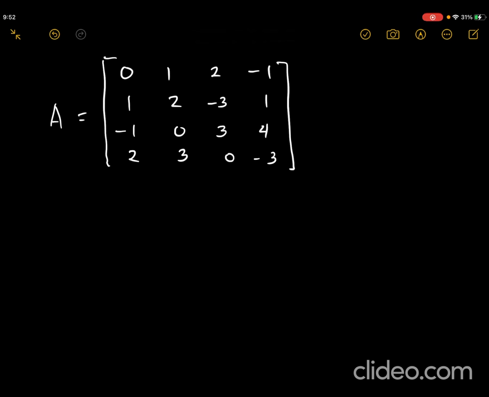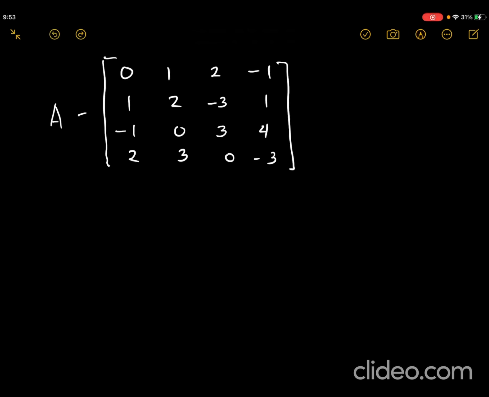So the next step is to make sure that in the first row, the leading entry must be a 1. That is not the case for our matrix. So what we have to do is apply an elementary row operation to make this a leading 1.